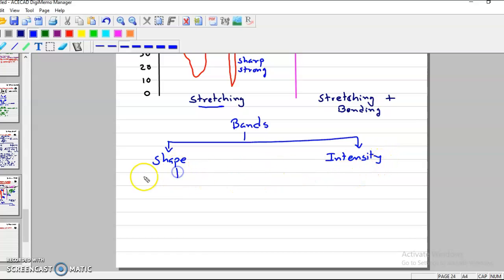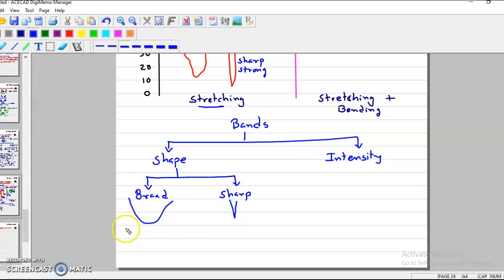With reference to shapes, we have two types of bands, broad band and sharp band. Broad is like this and sharp is very sharp, it is having a point.